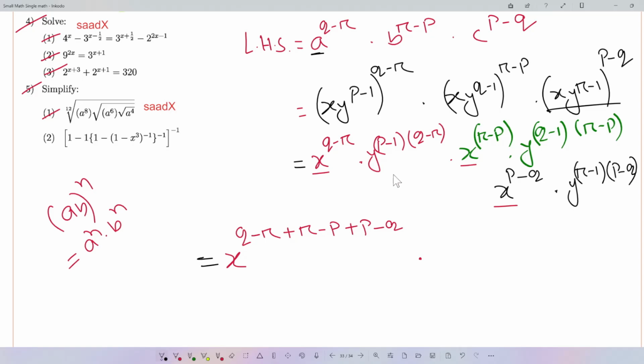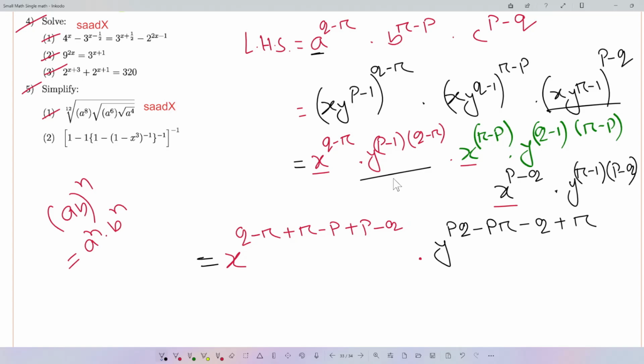Next here is y. We have to first finish y one by one. So for y, here is p minus 1 times q minus r, so we can write pq, then minus pr, then minus q, then minus and minus it will be plus only r, right?